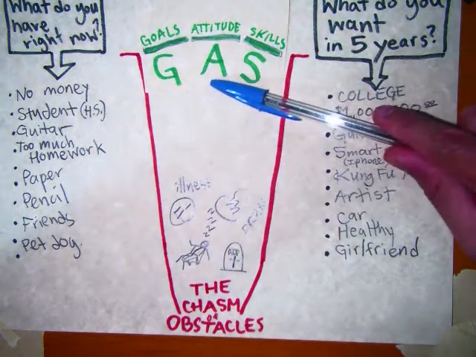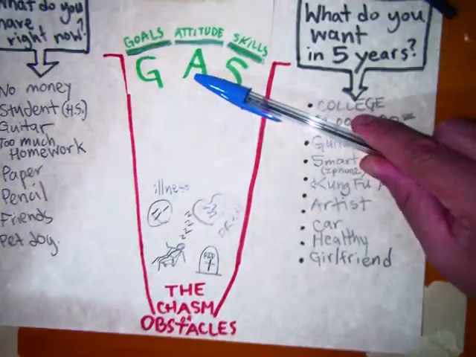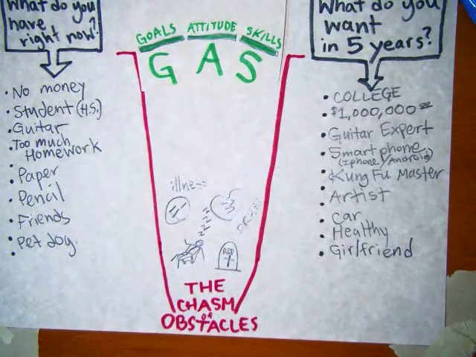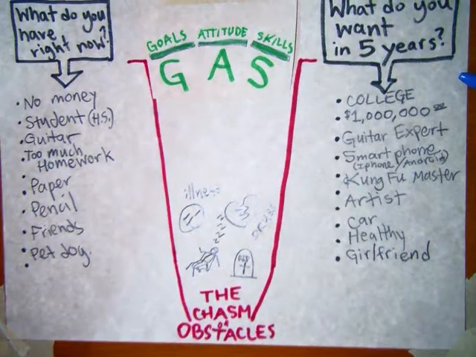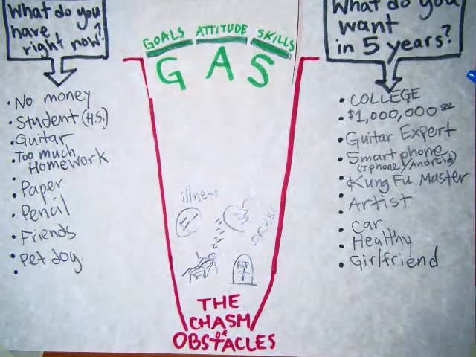It's made out of glass. 3 parts: goals, attitude, and skills. Just keep that in mind. This is what's going to get us across to our goals, make it easier to reach.